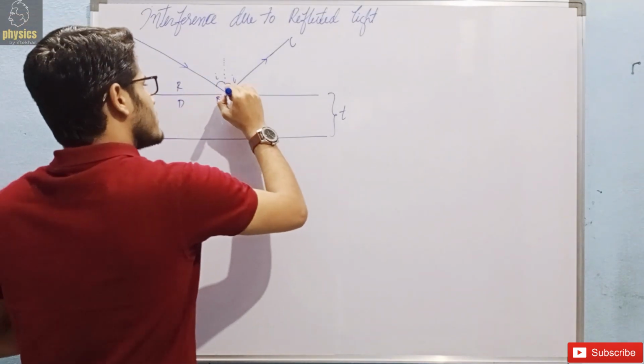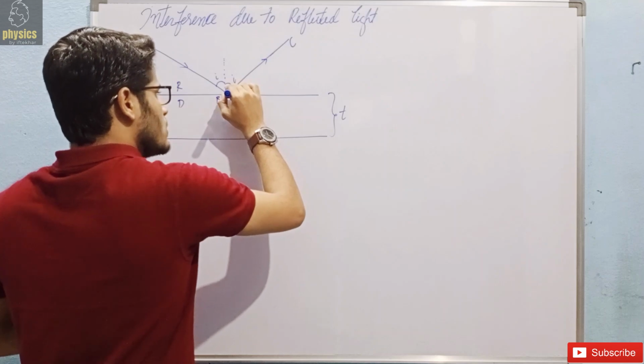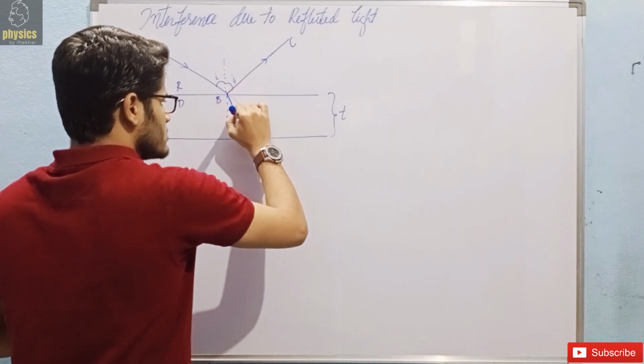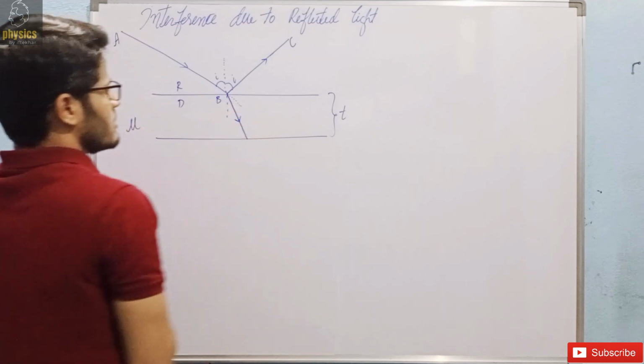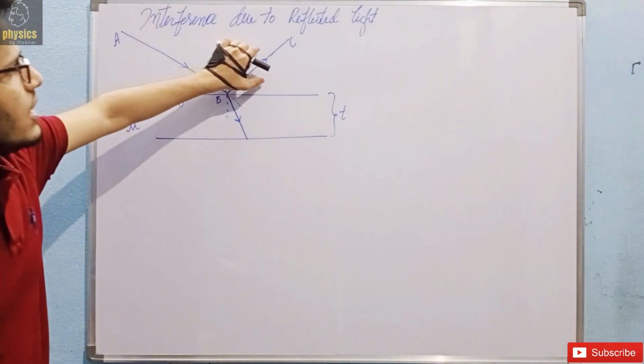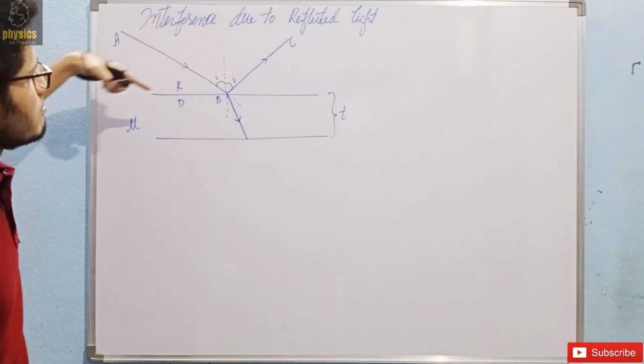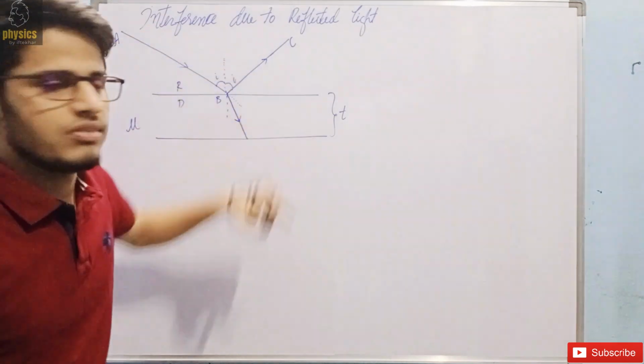That's why the transmitted light will bend slightly towards the normal. So this is the transmitted ray. So I've got a ray which got reflected from the top surface of the thin film.